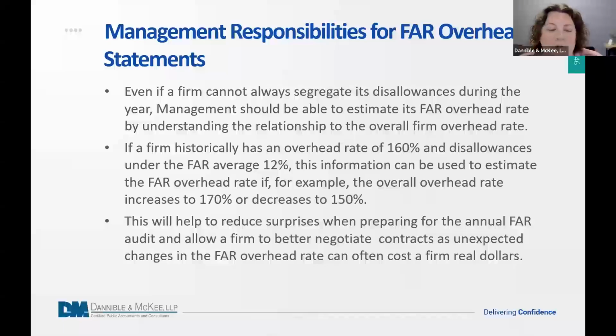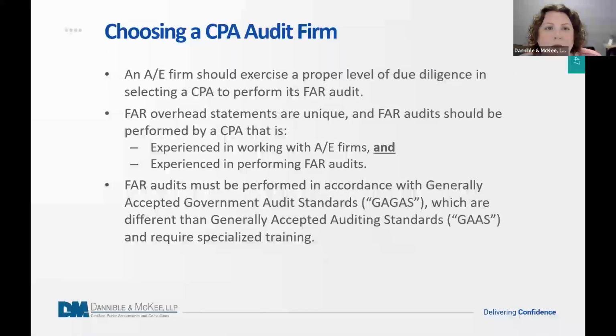Those costs would be unallowable. Any legal costs or those types of costs to handle that acquisition would be unallowable. That wouldn't be something you incur every year, but if it happens that one year, you've got to consider that.